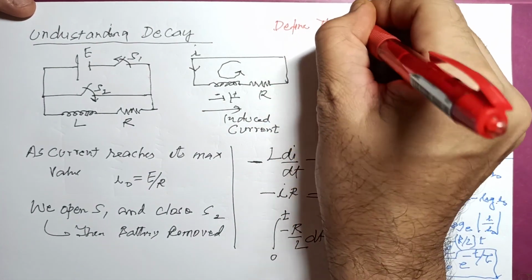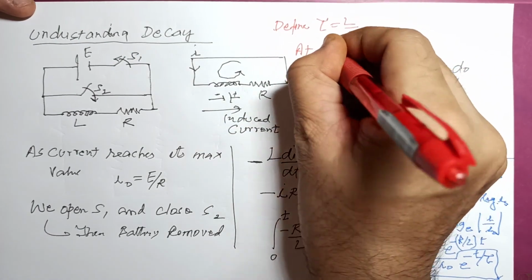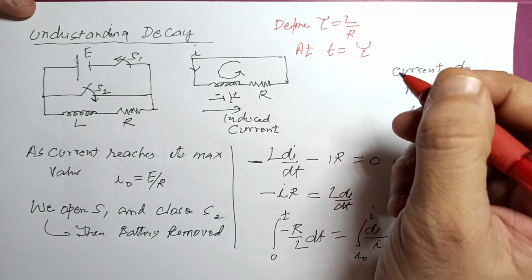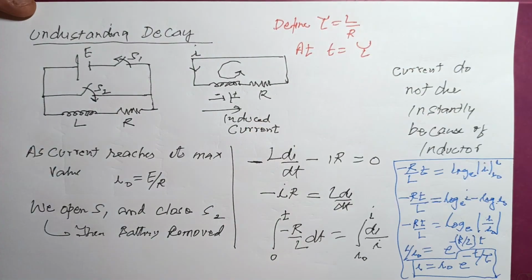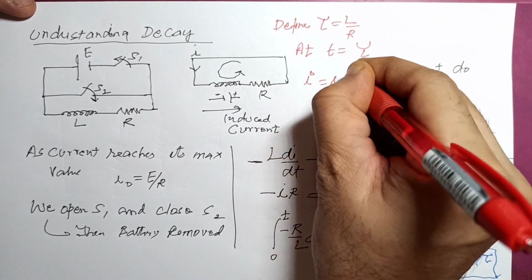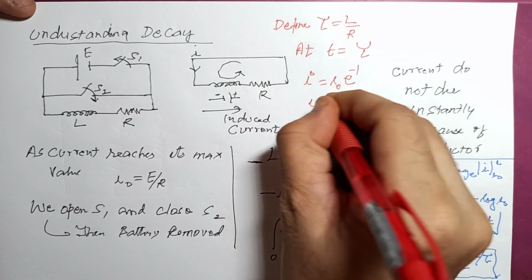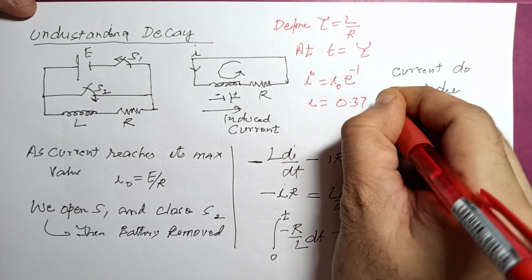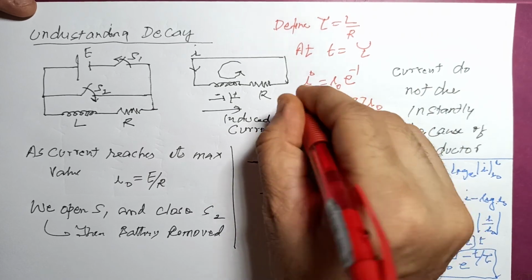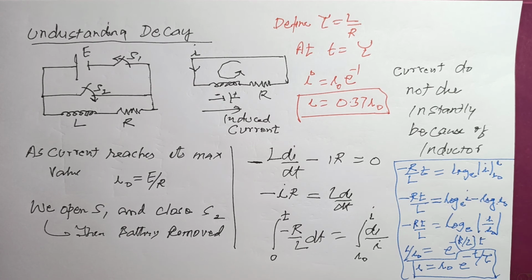Tau is nothing but L by R. So I can say at t is equal to tau, if I substitute in this, I is equal to I naught e to the power minus 1, which is nothing but I is equal to 0.37 I naught. So it is basically the current is 0.37 of the maximum current.